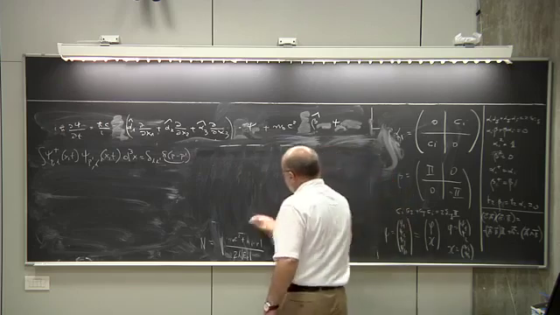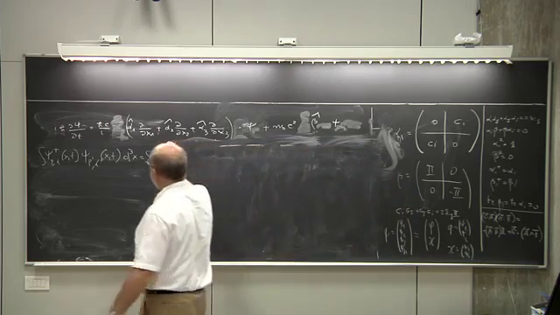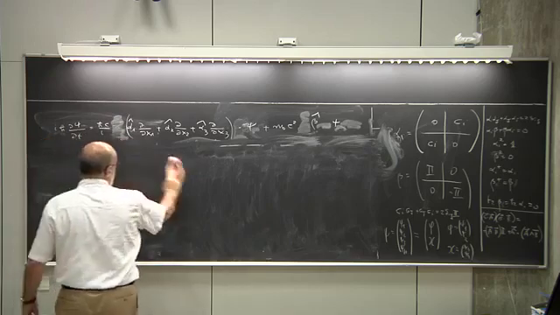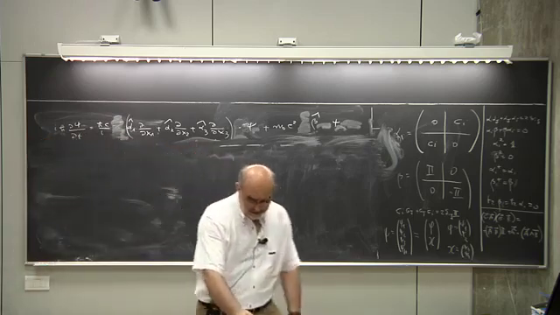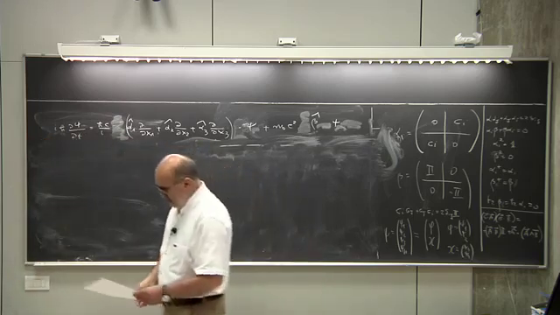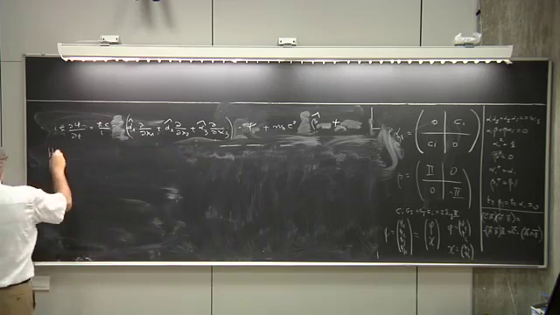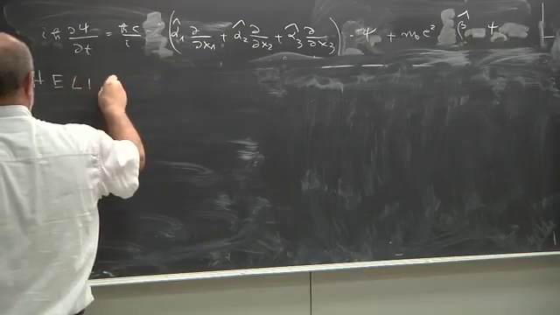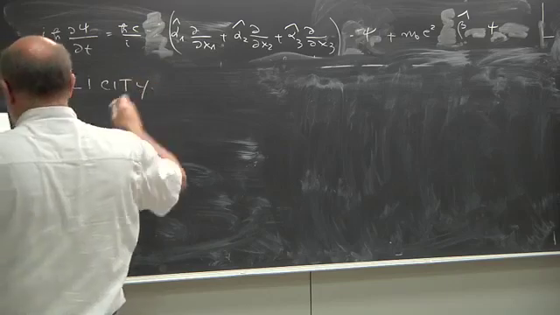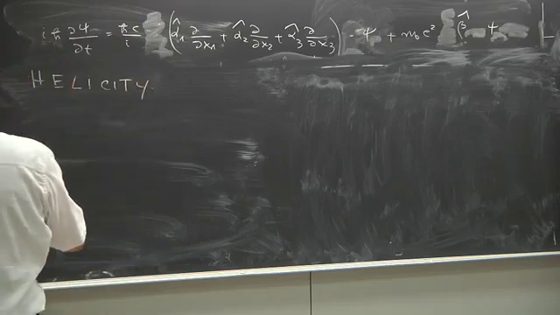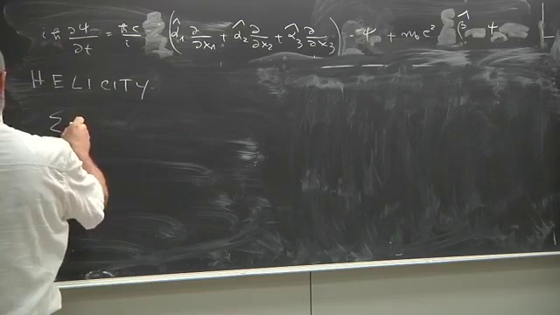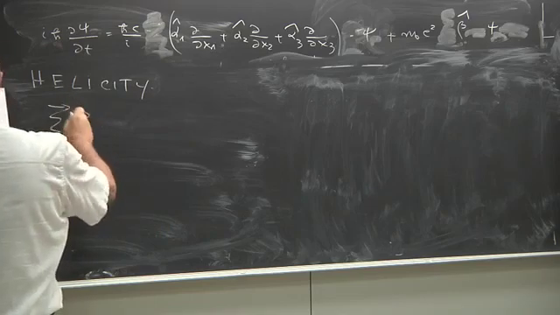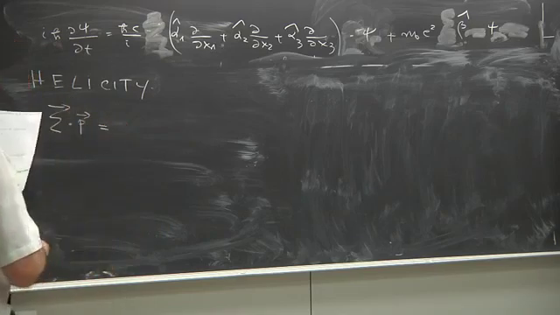Let's see if there is some other quantity that the free Dirac equation conserves, so it's a good quantum number. There is, and it's called helicity. The helicity is an operator sigma defined in this manner.